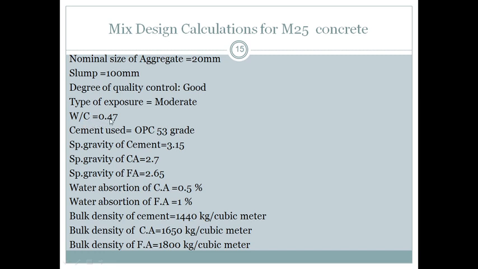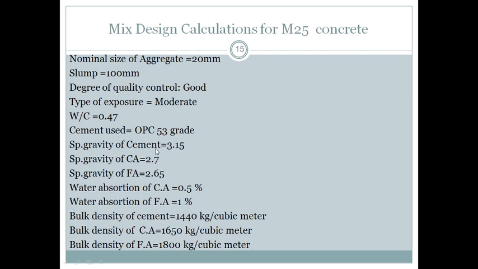So I will check whether this is sufficient or more or less than the codal provisions, when I am calculating the water content. And the cement used for this design of M20 grade of concrete is OPC 53 grade cement.